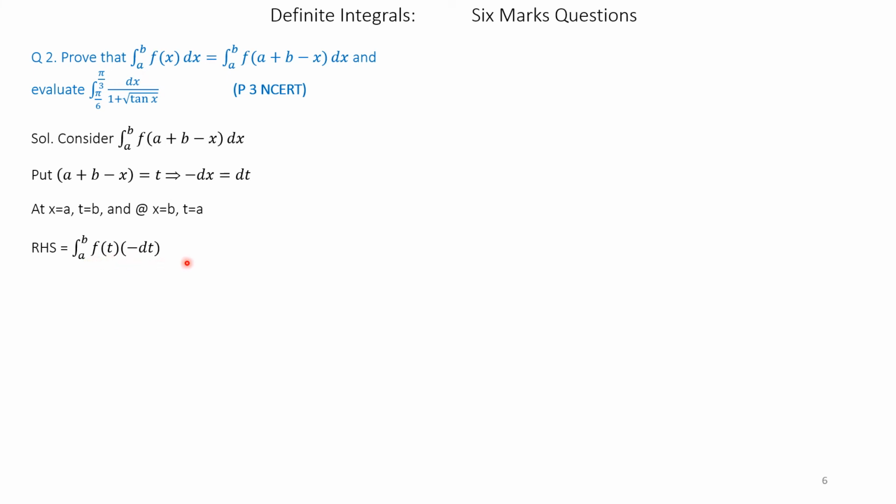That becomes integral b to a of f of t dt. Because the integral a to b of f of x dx is equal to minus of integral b to a, that is, the limits are reversed. Upper limit becomes lower limit and lower limit becomes upper limit of f of x dx.